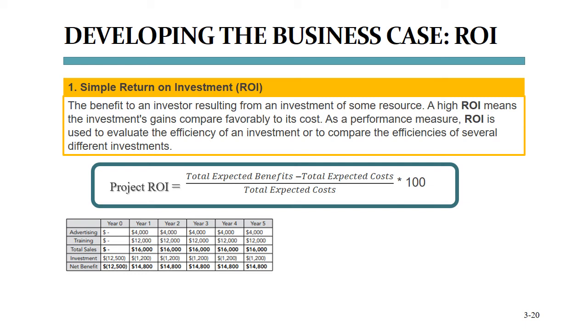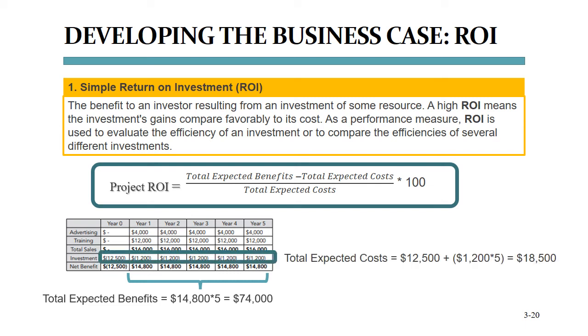Take a look at the numbers from the business case. Our total expected benefits are the sum of the net benefits. So 5 times $14,800, which makes $74,000. Our total expected costs are the initial investment of $12,500 plus the $1,200 outlay each year over 5 years.